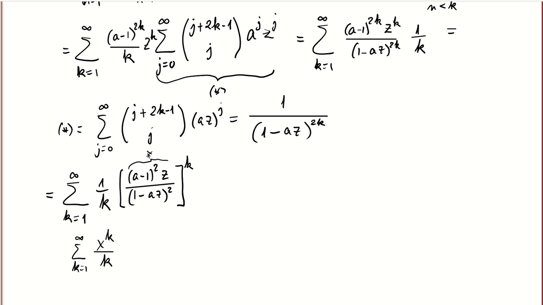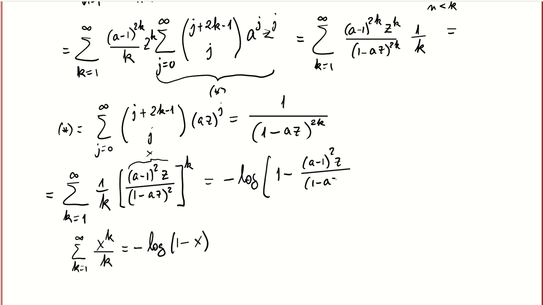If you look at the table of expansions, this is minus the logarithm of 1 minus x. So what we have here is minus the logarithm of 1 minus a minus 1 squared z over 1 minus az squared.